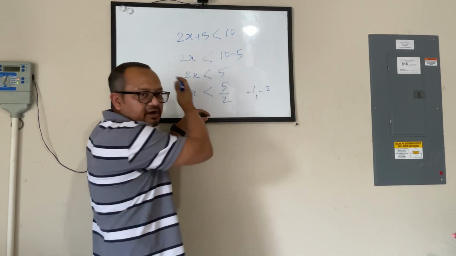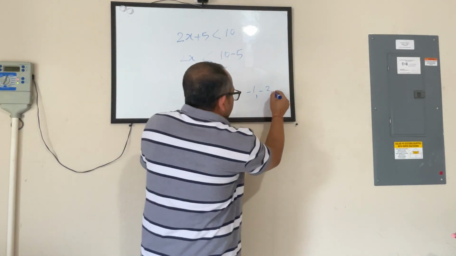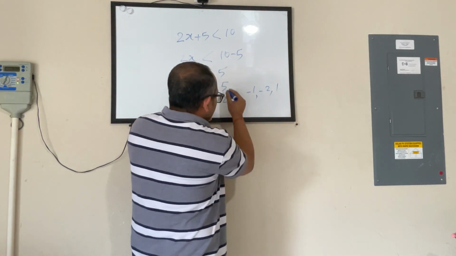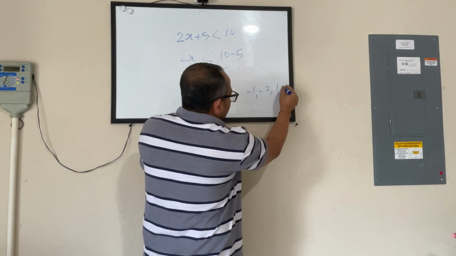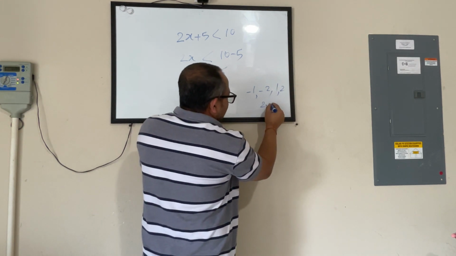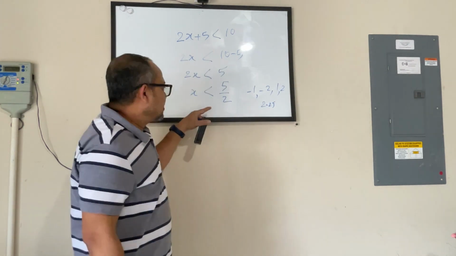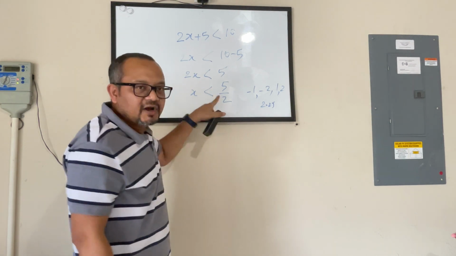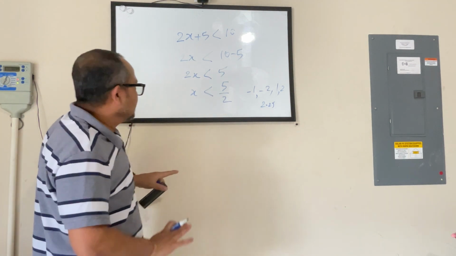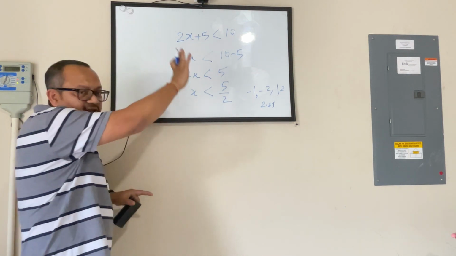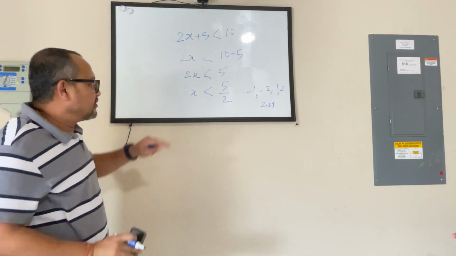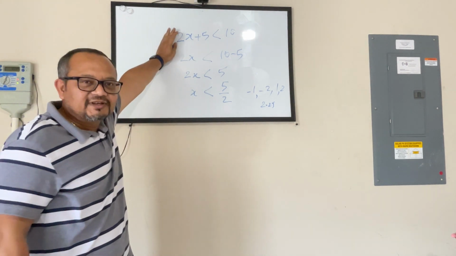I mean, as far as you can go. 1. This is 2.5. So 1, maybe 2 also was there. 2.25 was also there. But things which are less than 5 by 2, 2.5 basically. Yeah? So everything happens the same way. Only difference being my story changes.